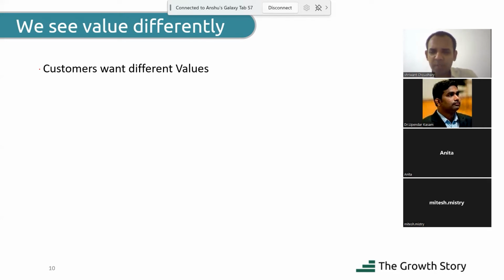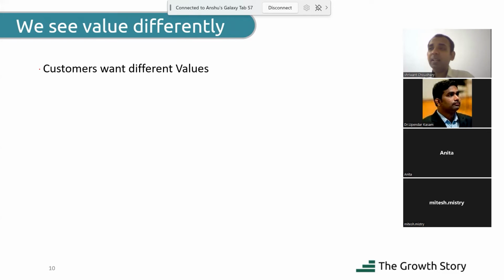You go to Europe. In Europe, data protection is a big issue. A few months back, I was talking to one of my friends who is working on a data protection startup. He is concerned about personal data privacy.